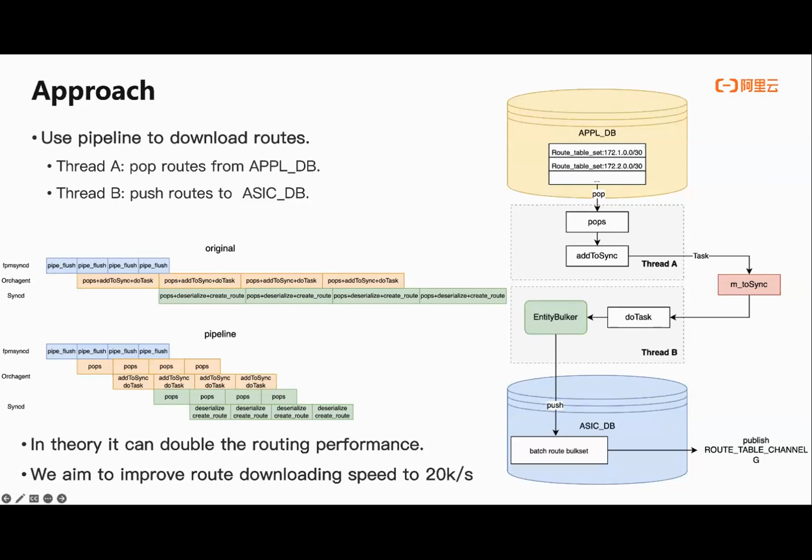So we put pops and addToSync together, which takes about the same time as doTask, and we put doTask in thread B. From this graph, you can see why the pipeline can theoretically double the routing performance. And with the pipeline, we aim to improve route downloading speed from 10K per second to 20K per second.